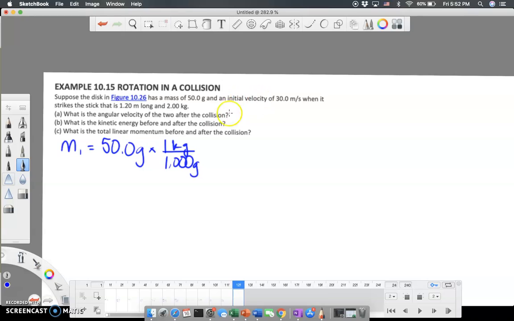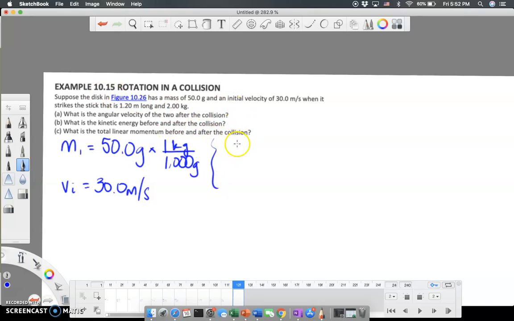It has an initial velocity v of 30 meters per second when it strikes the stick that is 1.2 meters long.